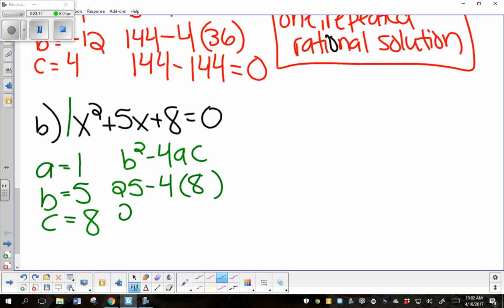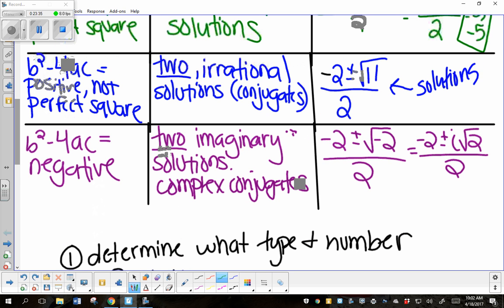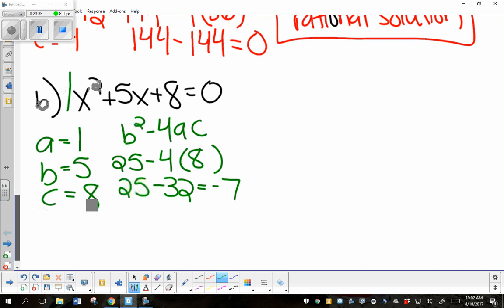So we've really just got 25 minus 32. Yay, we know our times tables. What's 25 minus 32? Yeah, it's negative 7, right? So if we get a negative answer for our discriminant, what kind of solutions and how many? 2 imaginary, and you can just write 2 imaginary solutions.